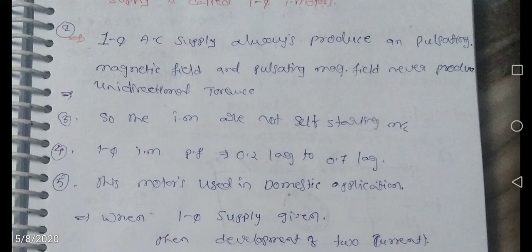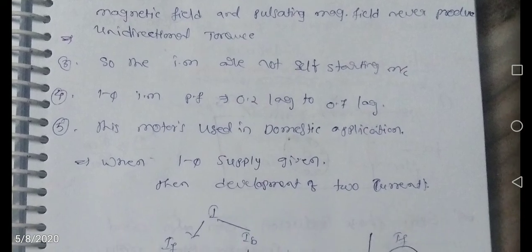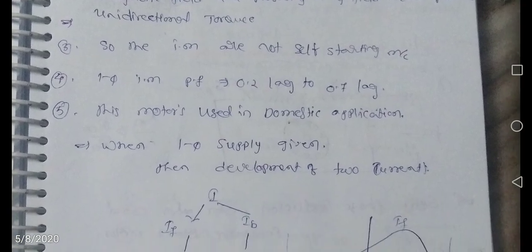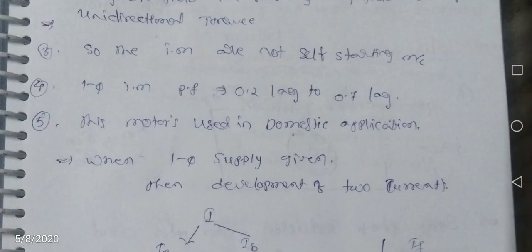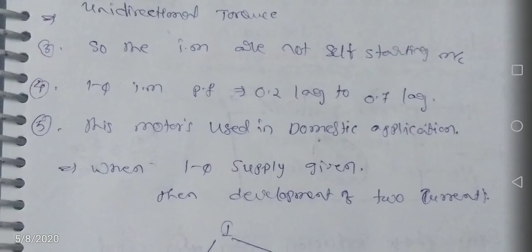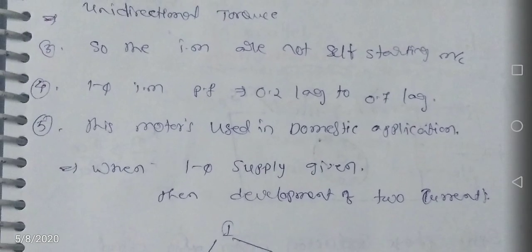Third, induction machines are not self-starting. Single phase induction machines have zero starting torque. The power factor is 0.2 lagging to 0.7 lagging. This motor is used in domestic applications.